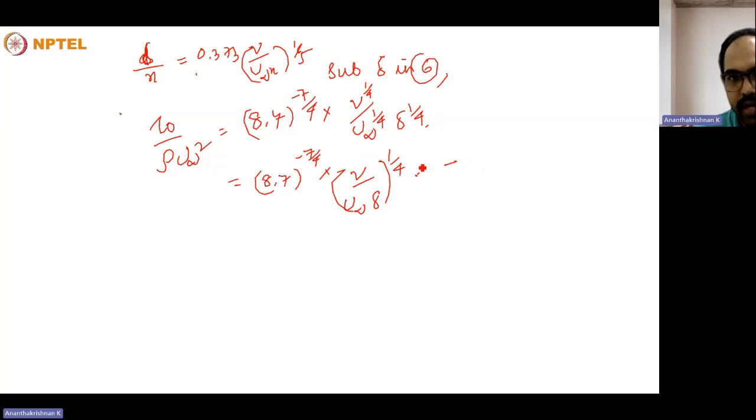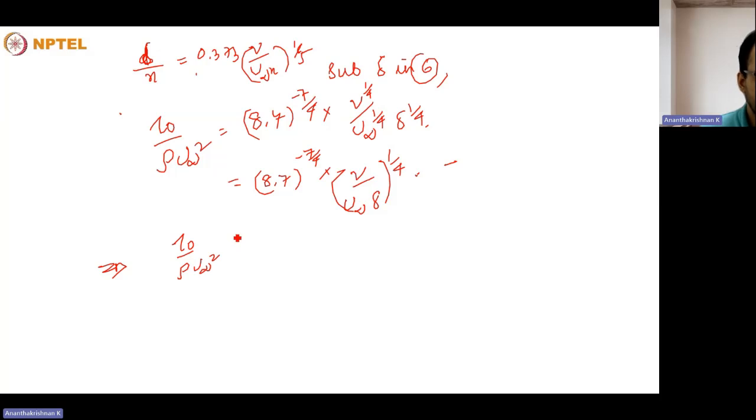We can substitute the value of delta in terms of x, and we can write tau 0 divided by rho infinity squared as a function of u infinity delta divided by nu. So we can back substitute everything. So it will be tau 0 divided by rho infinity squared.